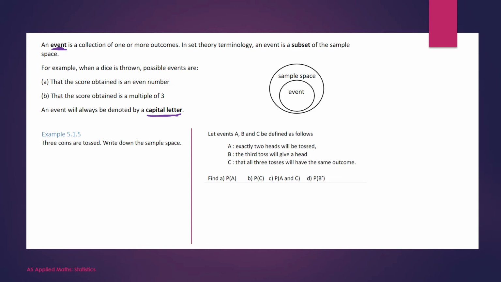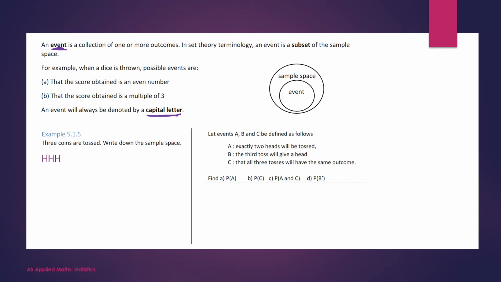So the first thing that we're asked to do is, we've got 3 coins that are being tossed, write down the sample space. So just take a moment, pause the video, write down the sample space. You should then be able to finish this question and then just check in. Writing down the sample space, it's a good idea to do it with some structure so that you don't miss something out.